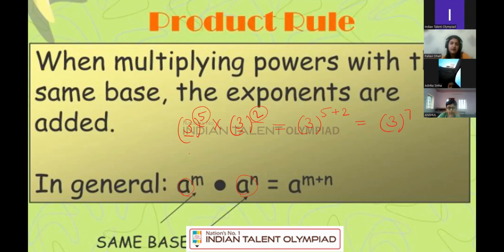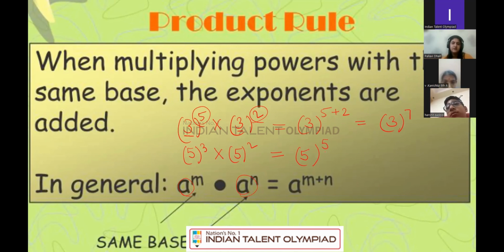If we have 5 raised to power 3 times 5 raised to power 2, what will be the answer, Kanishka? Can you guide me here? 3 plus 2, that is 5, right?